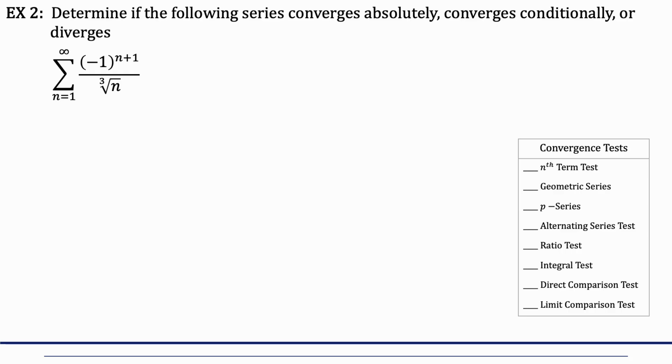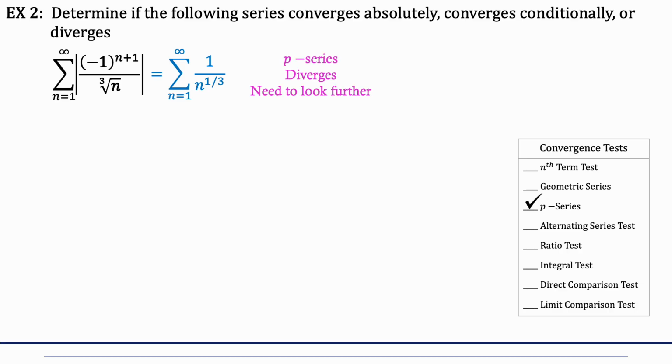Let's try this series, (-1)^(n+1) over the cube root of n. Okay, so it is alternating, and we're going to take the absolute value of it to get just 1 over n to the 1/3. That is a p-series with p less than 1.